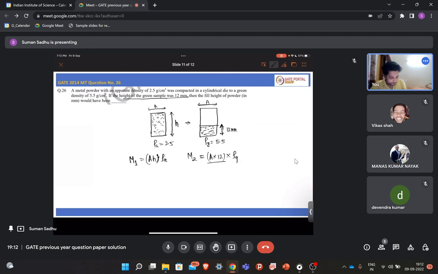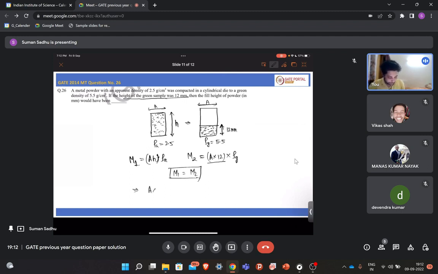So rho G. Now if we assume that when you are compacting this powder there is no loss of powder, then the mass is the same. So M1 is M2. Conservation of mass, the mass is conserved. So M1 is equal to M2.